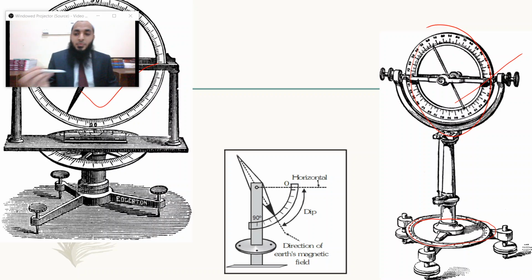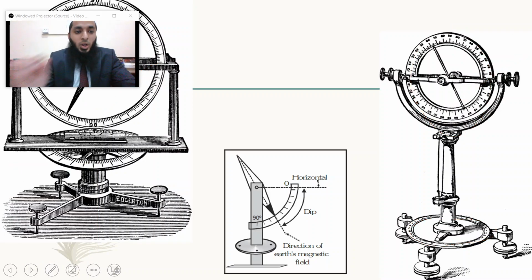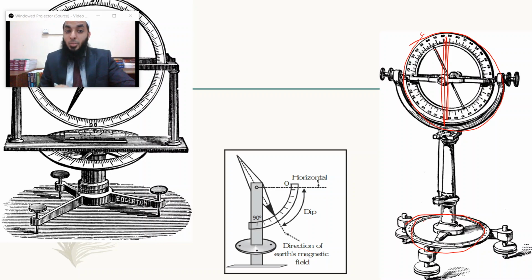So here I'll erase the ink. What we'll do is rotate this vertical circle in such a way that the magnetic needle will not be oriented like this, it will be oriented like this. So this plane is actually perpendicular to the magnetic meridian.